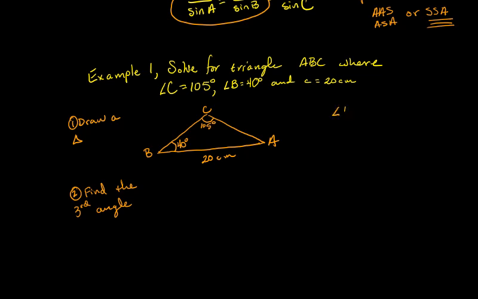So angle A equals, angle B equals, angle C equals, and then side A equals, side B equals, and side C equals. I just like to have nice work so I can list everything once I've got it. So angle A, if we take 105 plus 40, that's 145. So angle A is going to have to be 35 degrees if it's going to add up to 180.